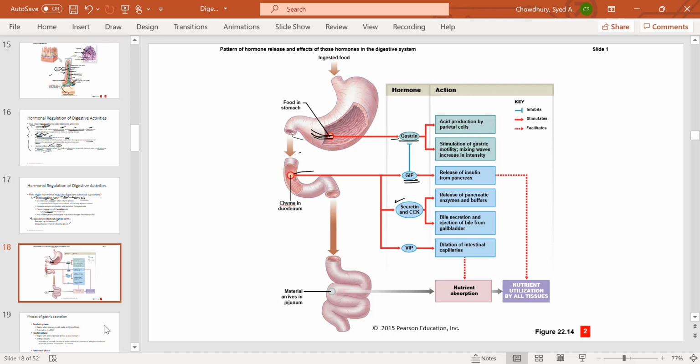Secretin also released from the duodenum, right? So all these are released from or by the duodenum. Gastric inhibitory polypeptide or GIP, secretin, cholecystokinin or CCK, and vasoactive intestinal peptide or VIP. All these four are released from the duodenum, right? And their functions have been listed here that I also mentioned. Okay.